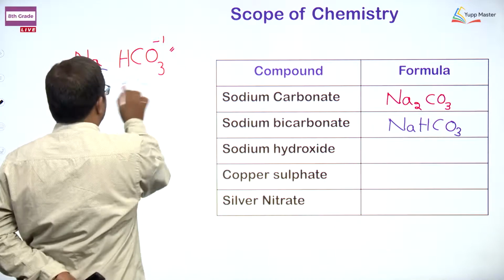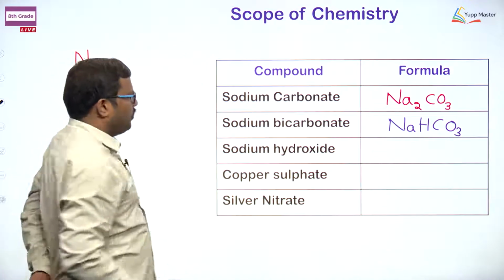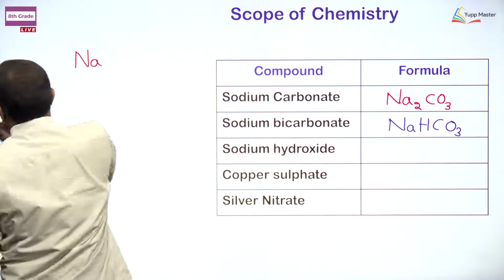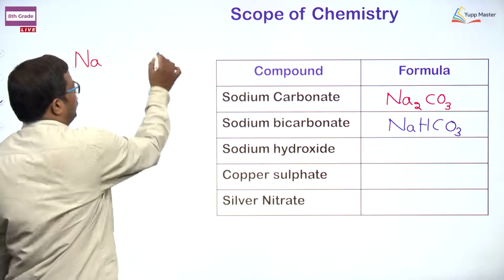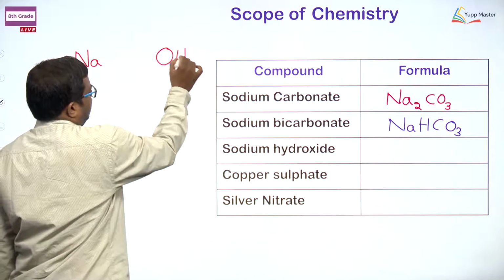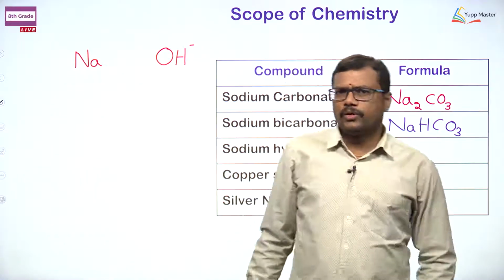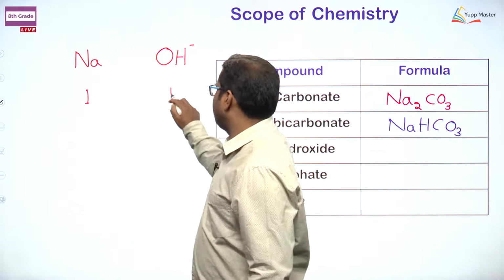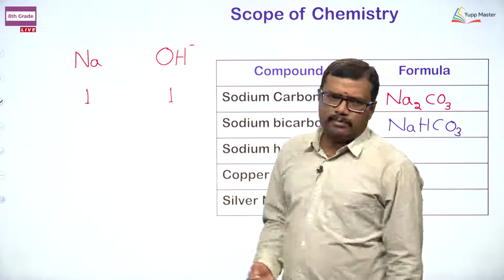Now, looking at the next compound that is given, sodium hydroxide. If I want to write sodium hydroxide, we know hydroxide is OH minus 1. Okay. So, looking at the valency, sodium valency is 1, hydroxide valency is 1, both valencies are 1, and the highest common factor is 1.